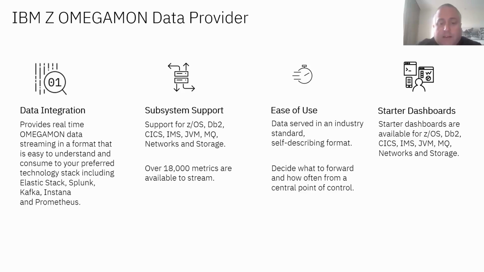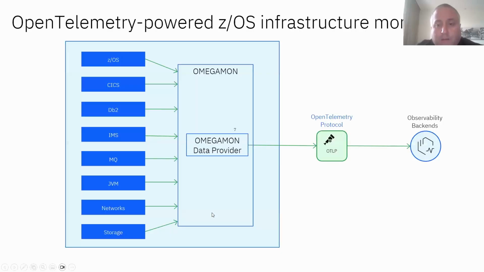We do support streaming data both in a JSON format, but what we started delivering at the end of last year in November was streaming OMEGAMON data in an OpenTelemetry format. And hopefully folks have seen about OpenTelemetry. It's really the new standard on a way to provide data to enterprise observability platforms.